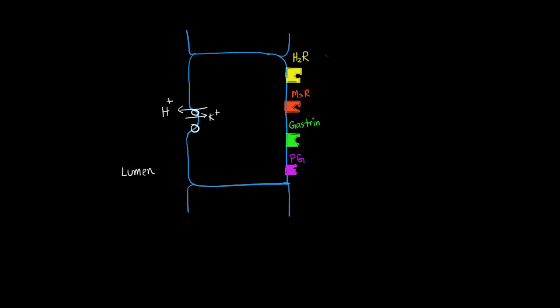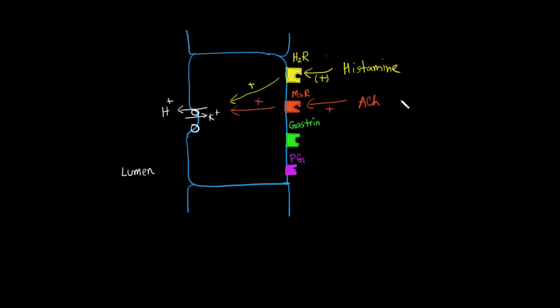Now in this parietal cell, you can see that there are different regulators of hydrochloric acid secretion. The first one is the histamine receptor, or H2 receptor. Histamine binds to this receptor, and upon binding, it stimulates hydrochloric acid secretion. The second one is the muscarinic receptor, the M3 receptor, where acetylcholine binds because of the stimulation of the vagus nerve.